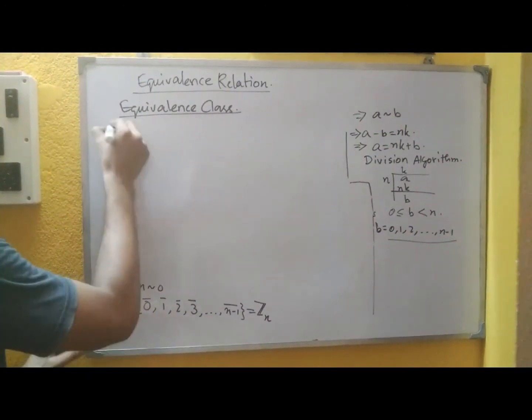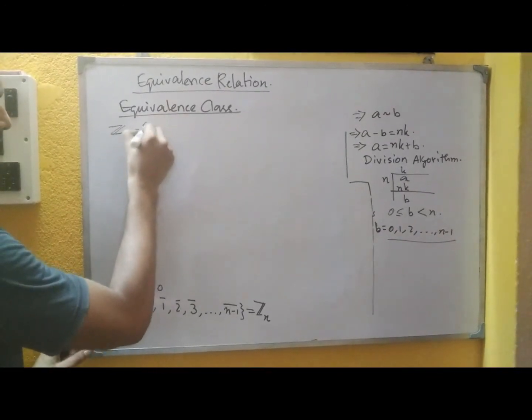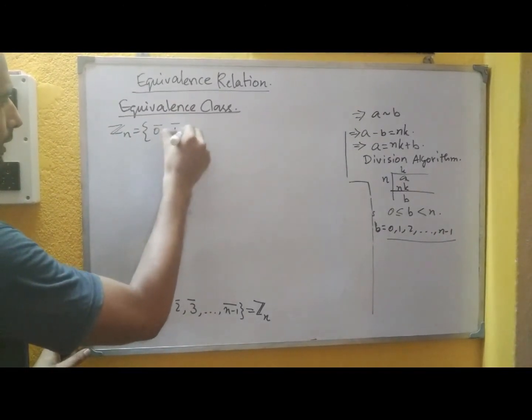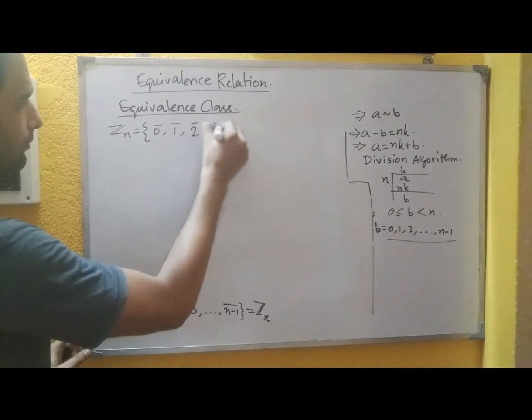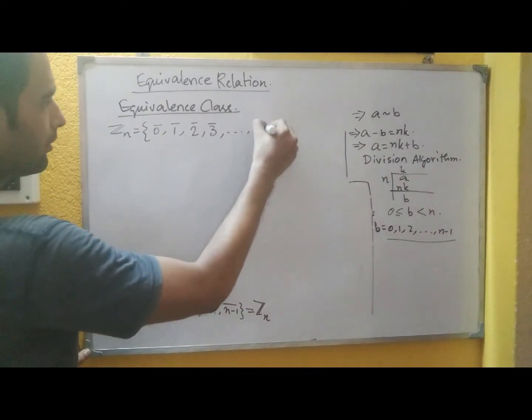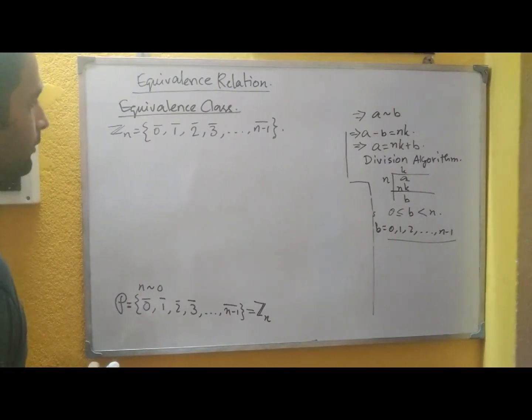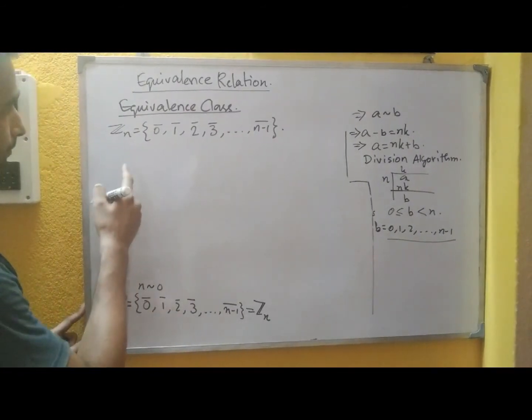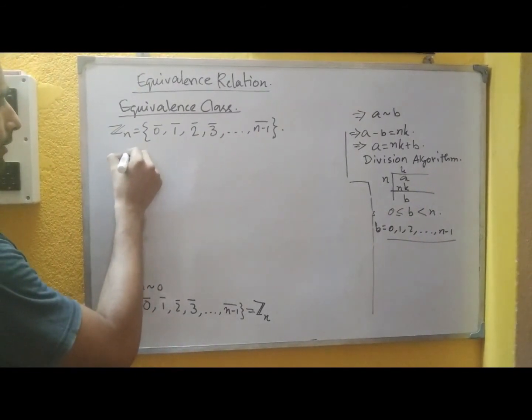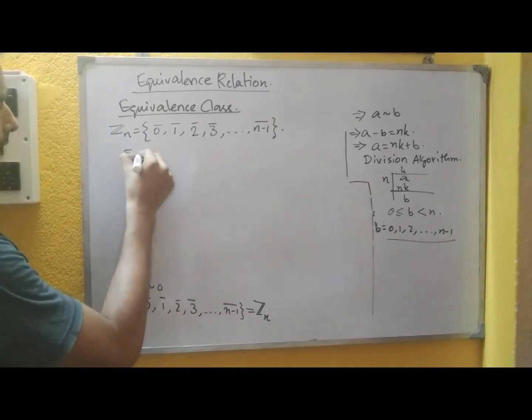So suppose we are taking this set Zn that consists of n elements that are the equivalence classes of modulo n relation, then we will see that we can define addition like this.